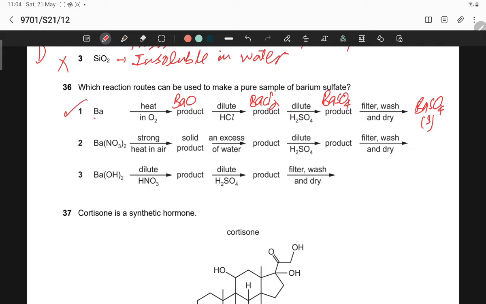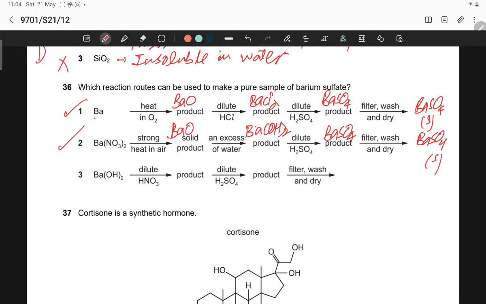So this option is correct. Barium nitrate, strongly heated in air, forms barium oxide, and with excess water barium hydroxide, and barium hydroxide reacts with dilute acid to form barium sulfate. Filter, dry and get barium sulfate solid.